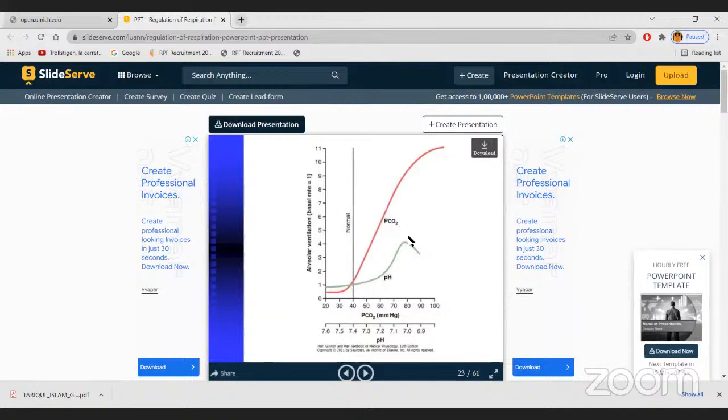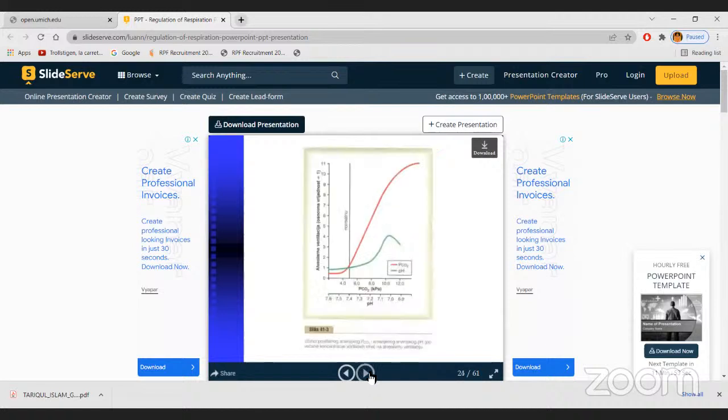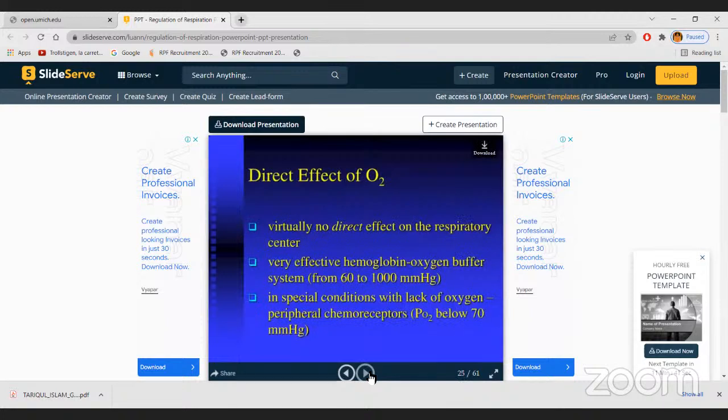This is the pH, this is the PCO2, and the normal value is 40 mmHg, the resting mode. So this is how ventilation relates to pH and PCO2.